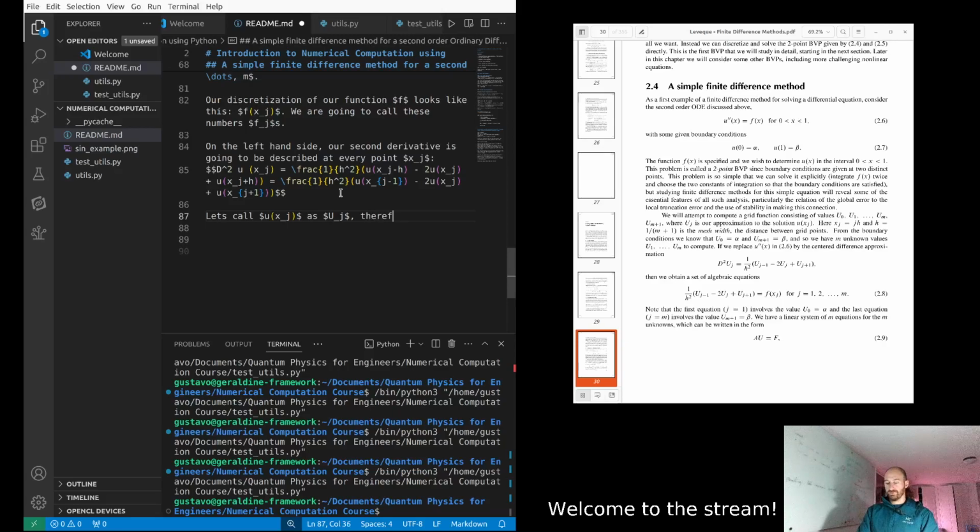And therefore our differential equation is no longer a differential equation, but an algebraic equation that looks like this. It looks like what is written here: 1 over h squared of u sub j minus 1, minus 2 u sub j, plus u sub j plus 1, equal to f of x j. So I'm going to write that down.